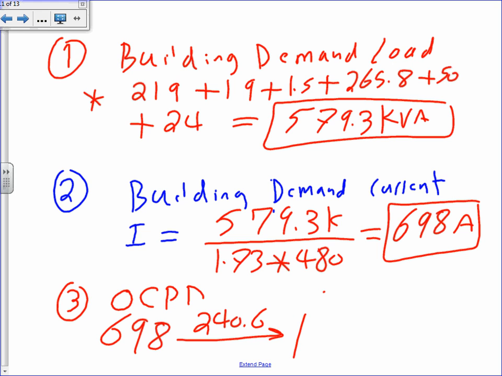You're going to go up to what's next? 700. So did it really make a difference? You end up with the same device anyway. That's 1 amp, but it doesn't make a whole lot of difference. Plus or minus an amp is not a big deal.